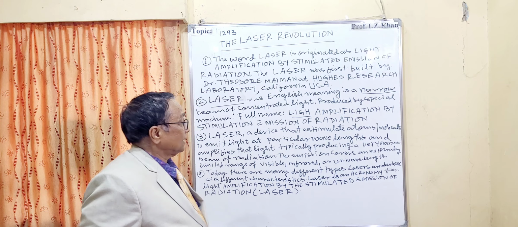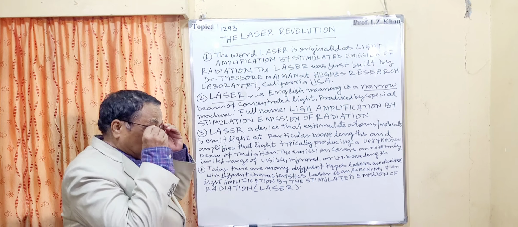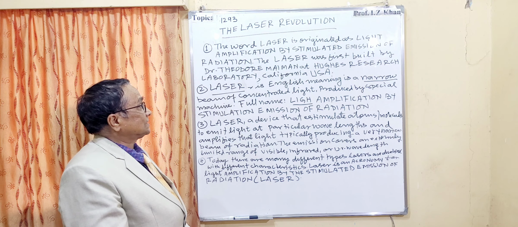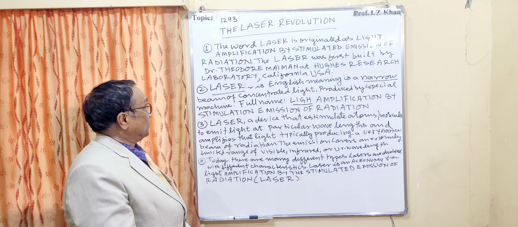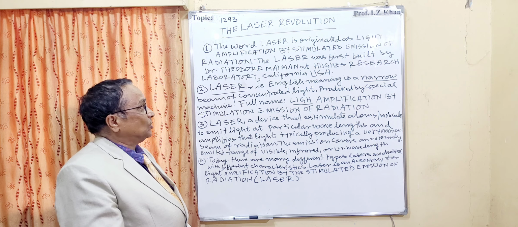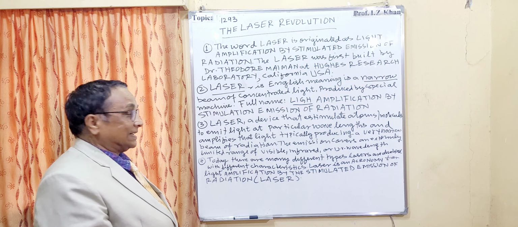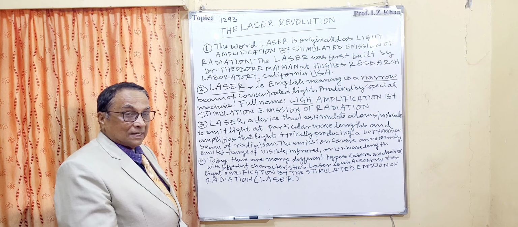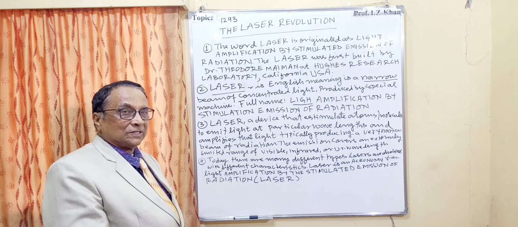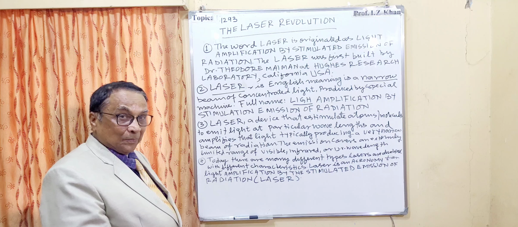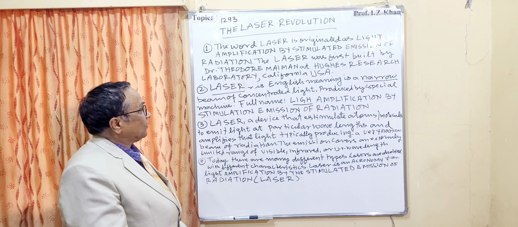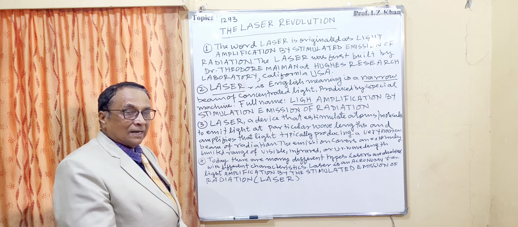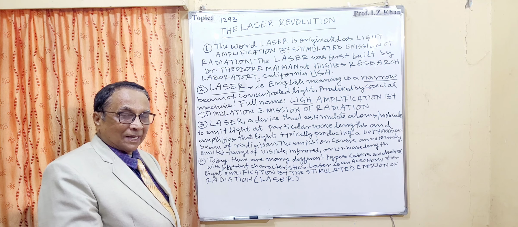So here I have given a summary. Number one, the word laser originated as light amplification by stimulated emission of radiation, which you have seen in the image, how it is emitted in the form of photons which are not visible, and amplified. The laser was first built by Dr. Theodore Maiman, an American physicist.